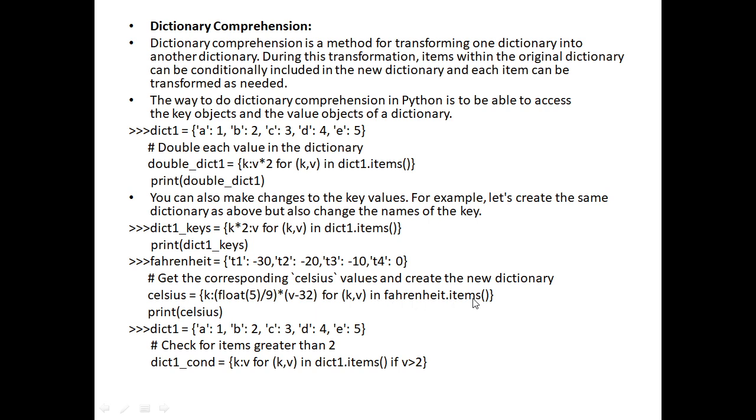If you want to work with only values, I don't want to work with keys, then go with Fahrenheit dot values. If you go with Fahrenheit dot values, then it will perform well. If you require both, then you need to use key and value. This is based on your situation and your uses.